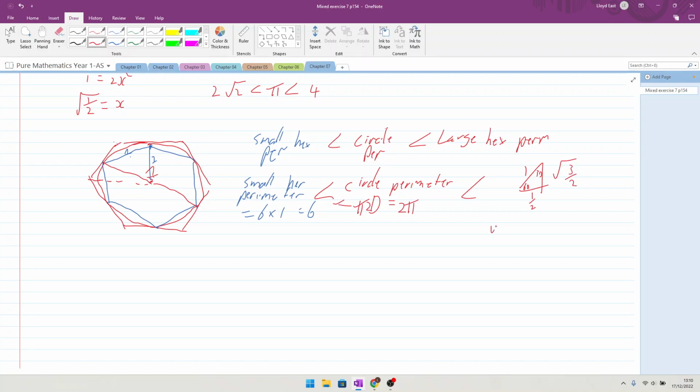So we've got root 3 over 2 times 6, which equals 3 root 3. Okay, so we've got this down to now 6 is greater than 2 pi, which is greater than 3 root 3.